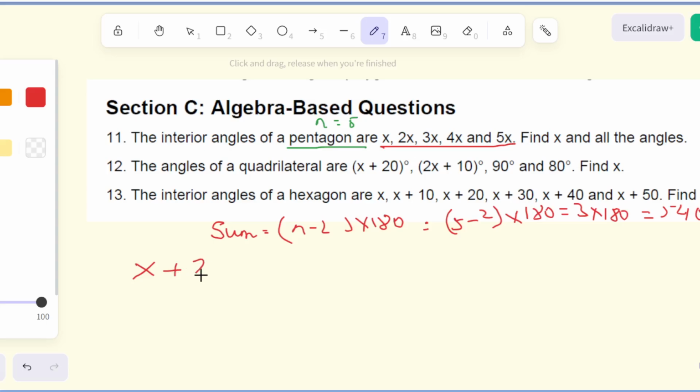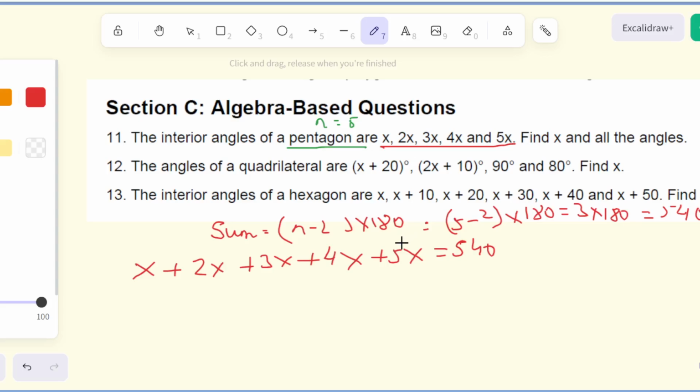So x plus 2x plus 3x plus 4x plus 5x equal to 540. Agree? Because the sum of all the interior angles of a pentagon is 540, isn't it? It's just that the sum of all the angles of a pentagon is 540, by using the formula n minus 2 times 180.